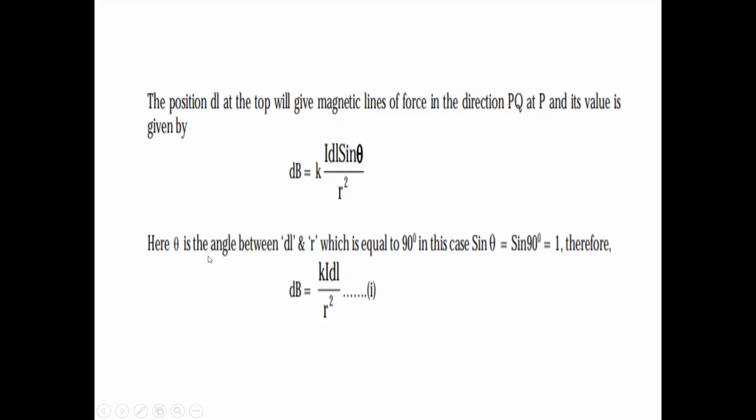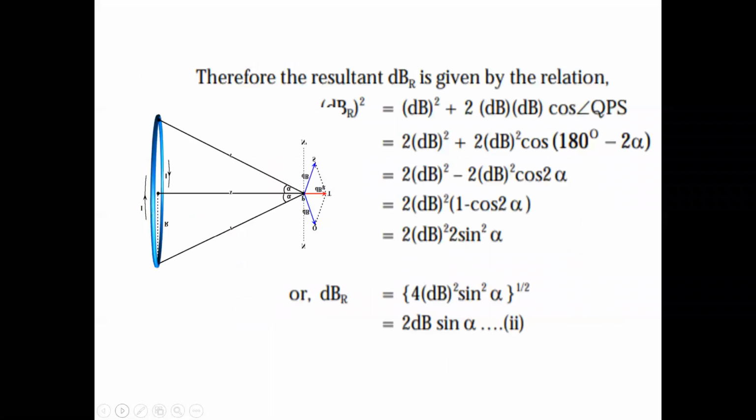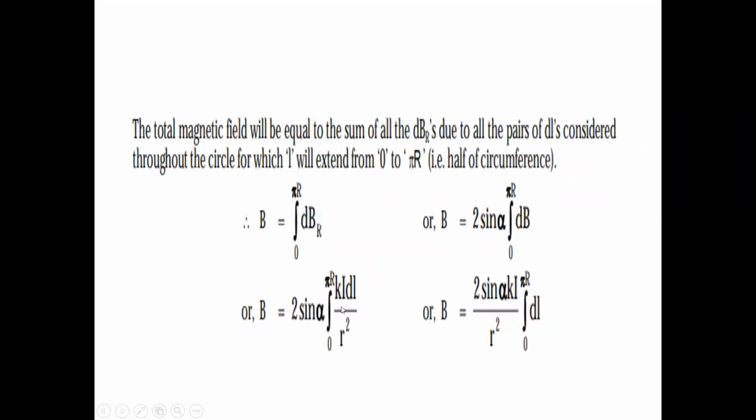Because the angle theta, which is between dl and r, is taken as 90 degrees. So this is the dB expression, Ki dl by r square. Now we substitute this expression here.